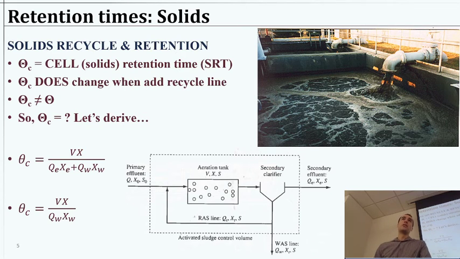More accurately, we can manipulate it by changing the amount of waste that we're removing, the QW, the flow rate of the waste line. Because in that case, we do not have any X going out here, XE equals 0, so the XR here, which is equal to XW, really controls our system in terms of what's happening to X, right?